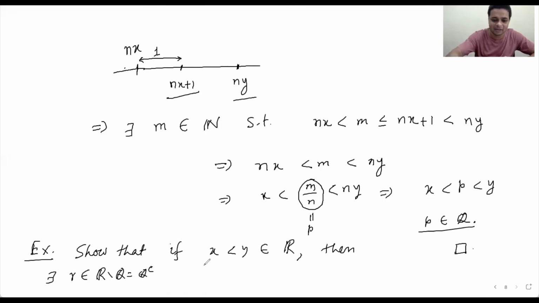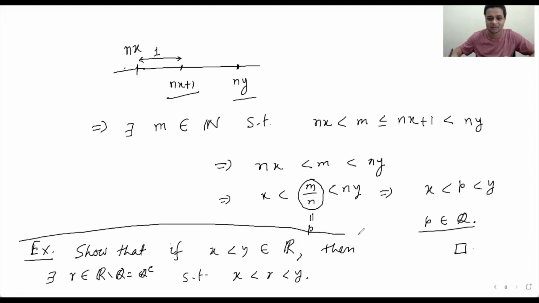That is, there exists some irrational number such that x is less than r less than y. So this is the exercise. It says that between every two real numbers there exists an irrational number. So we stop here.